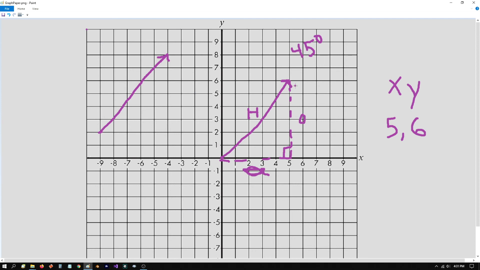So if we wanted to know the magnitude of it, we would use the Pythagorean theorem, which is x squared plus y squared, and then you would take the square root of that. So with this formula, if I took 5 times 5 plus 6 times 6, and then took the square root of that result, that would give me the magnitude. Again, a vector is two things: a magnitude and a direction.